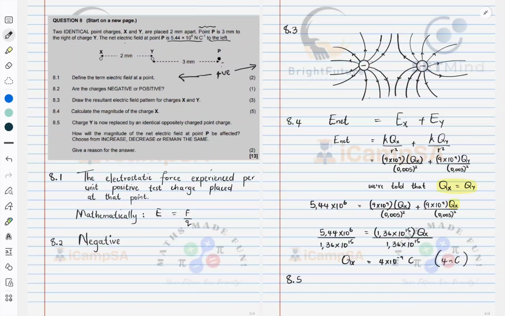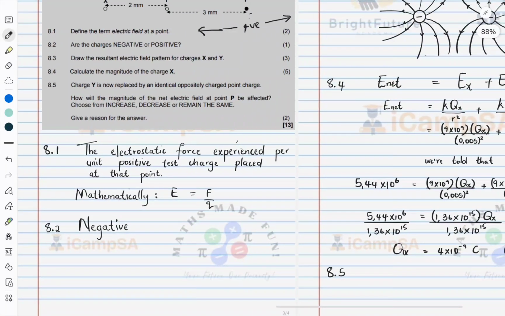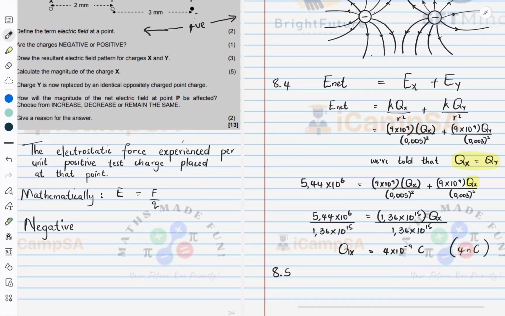So opposite charges will give you a lesser net electric field at a point compared to like charges. You get it? So that's how it would work. So here, we simply say decrease.